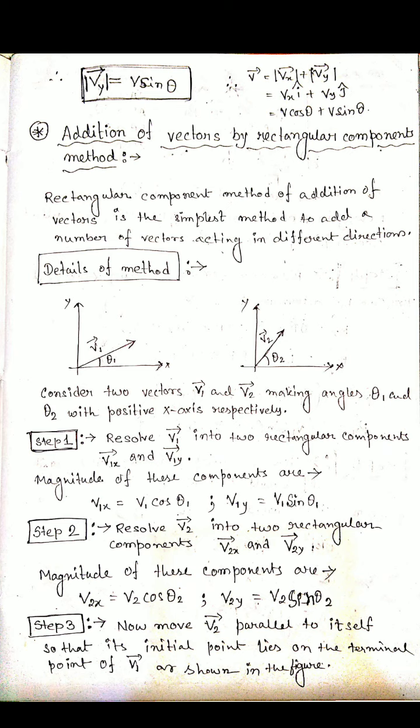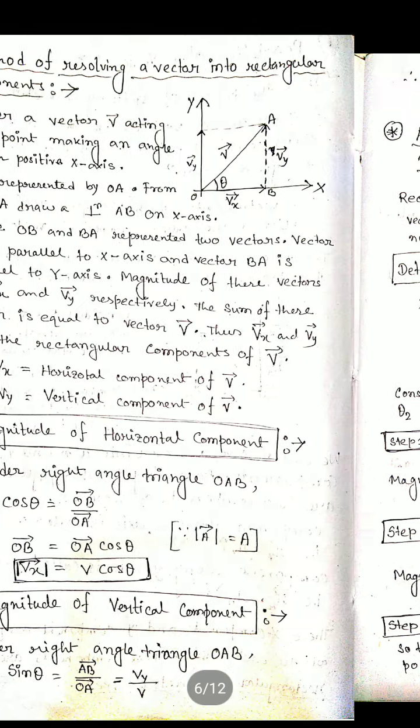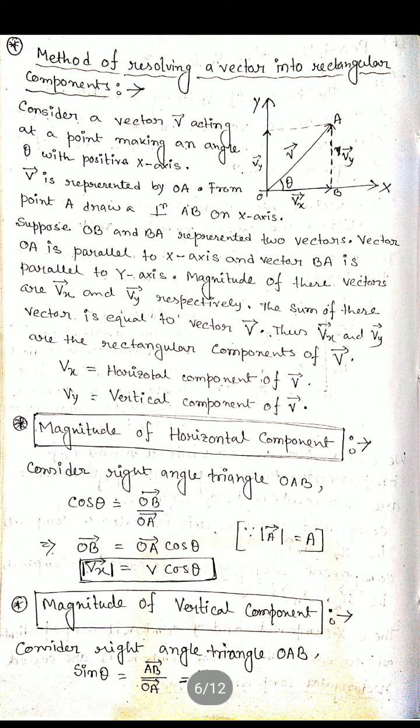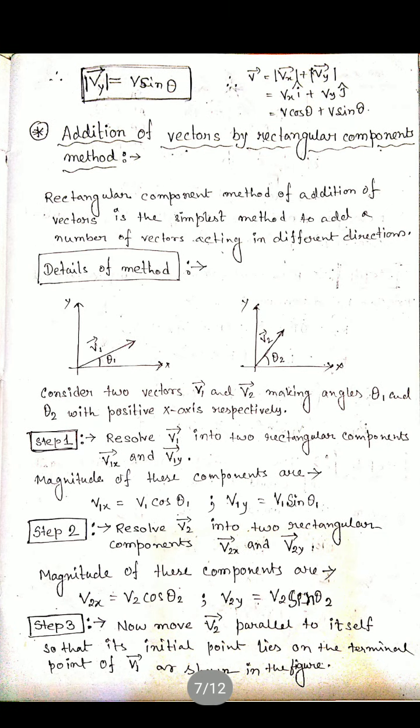First we resolve these two, and v1x we can write as v1 cos theta 1, and v1y equals v1 sin theta 1. v1x and v1y are the two rectangular components of vector v1, and these are magnitudes, that's why we did not use the vector sign. So v1x equals v1 cos theta 1, and v1y equals v1 sin theta 1.